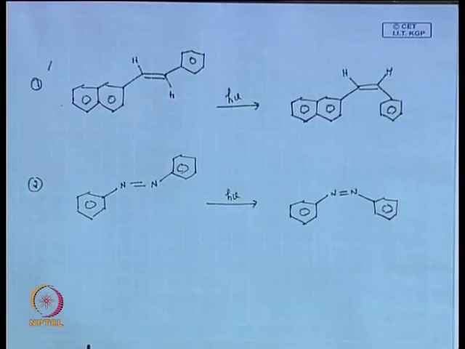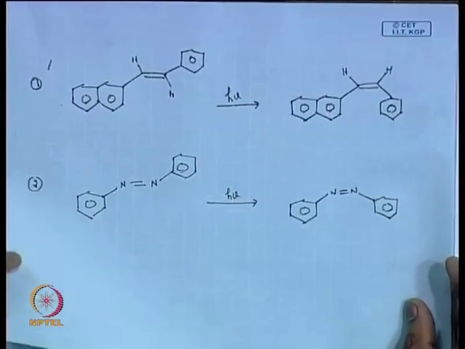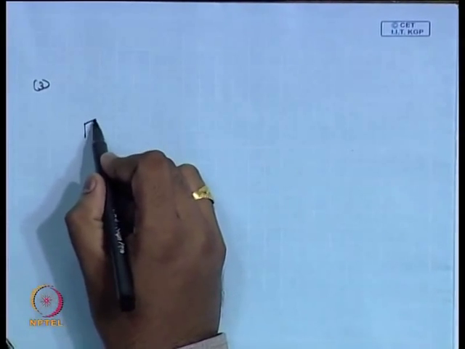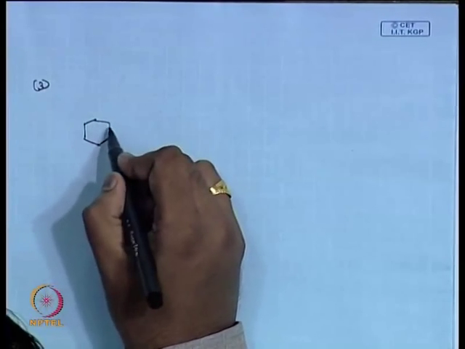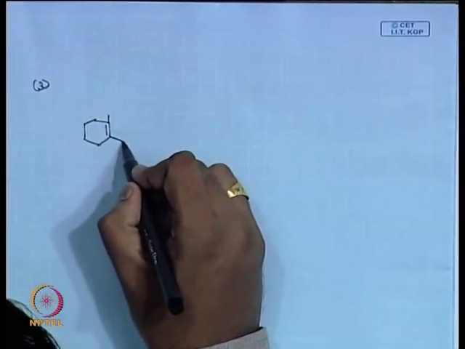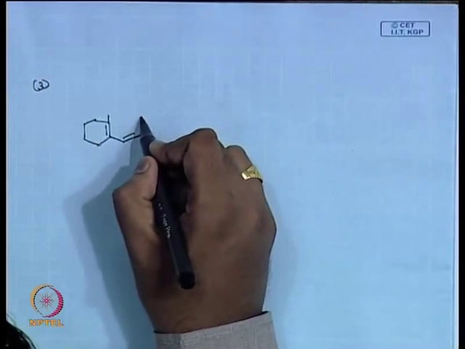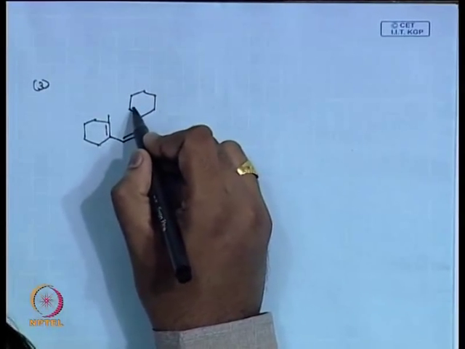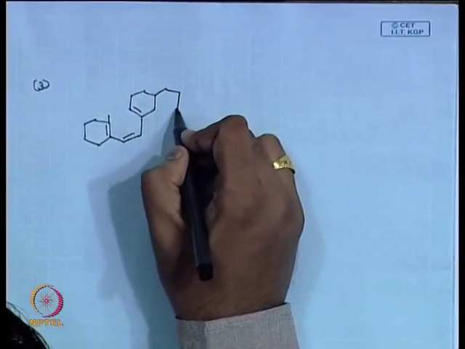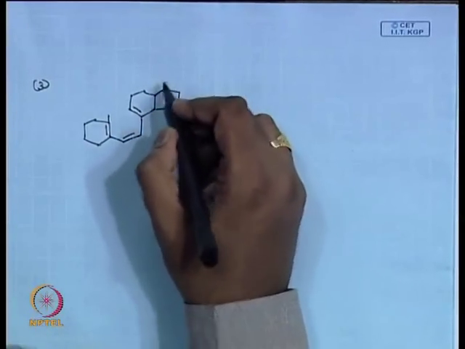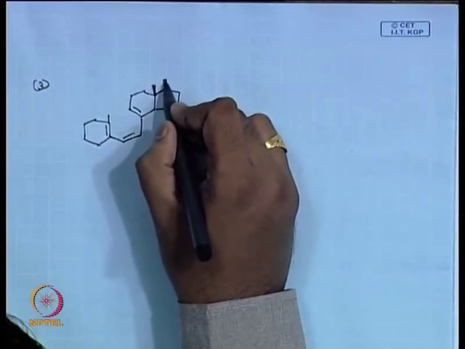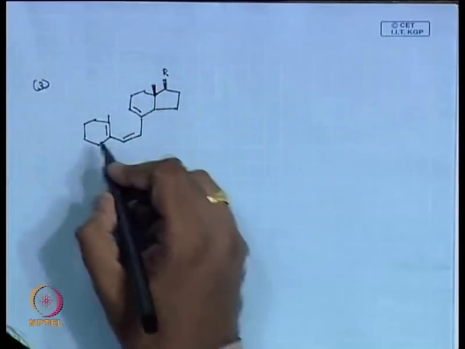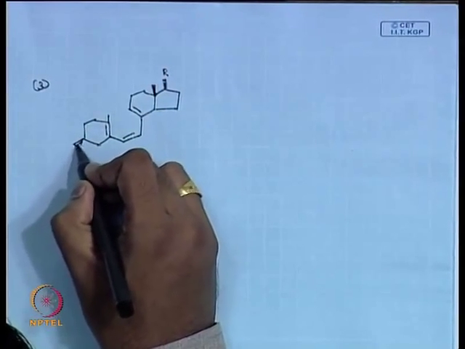Now we will take one natural product and see how we can draw cis and trans. Okay, just natural products which you know. What is this compound?